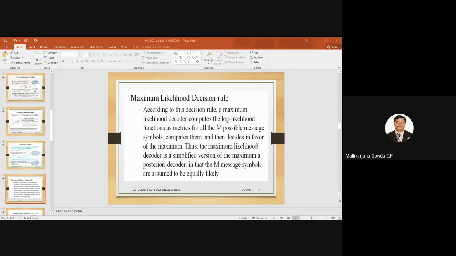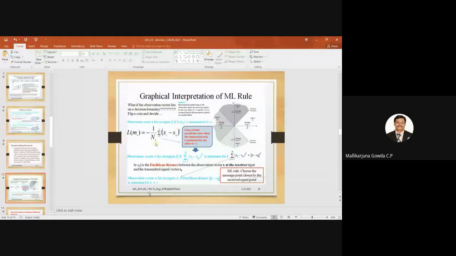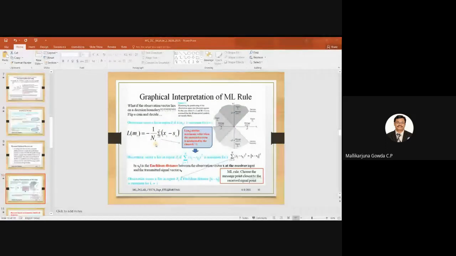If I show that, you will be able to visualize this statement. So let me take that up. How the MAP rule can be restated in terms of the log likelihood function, the same thing can be interpreted in a graphical manner. How do I interpret the maximum likelihood rule in terms of graphical interpretation? Let me say that also.